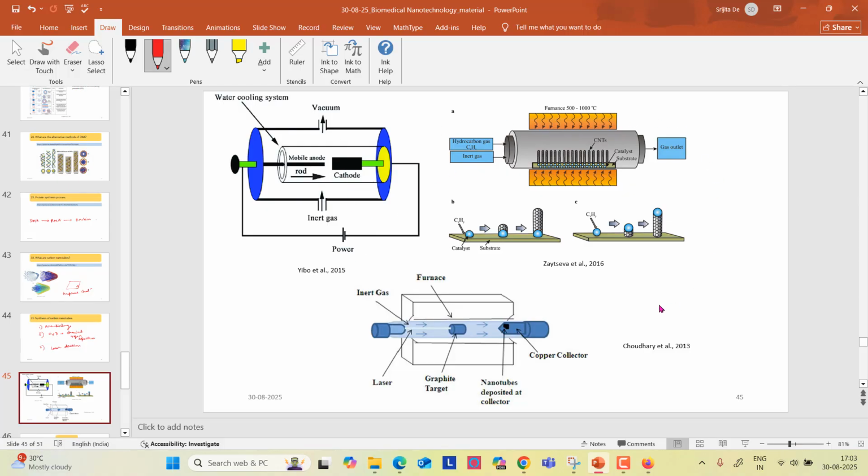In the CVD method, methane gas is passed through the chamber along with inert gas, and at very high temperature, 500 to 1000 degrees centigrade, this will form CNT. This is the laser ablation method. Here this is the graphite target, and we bombard the graphite with a laser in an inert gas atmosphere in a furnace, and that will form small nanostructures of carbon nanotubes.